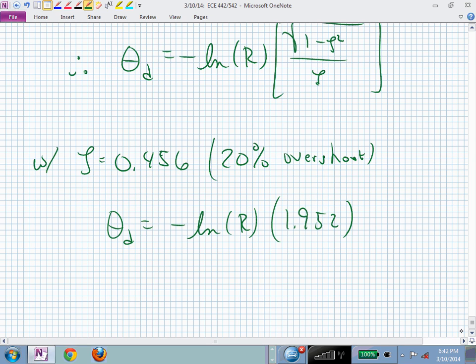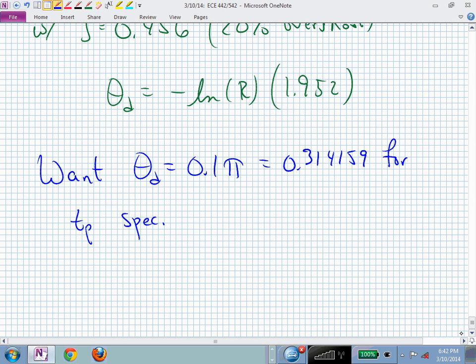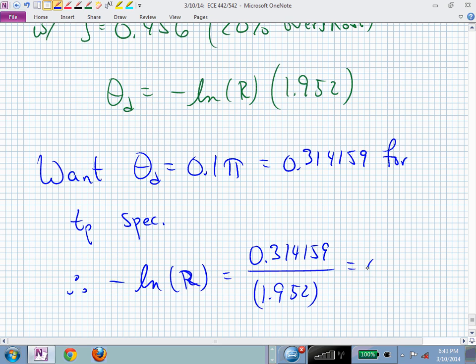To meet our time, pi over 10, we can plug that into the left-hand side and just solve for r. We now have minus ln of r is equal to this theta sub d divided by the number associated with zeta, which ends up being 0.1610.